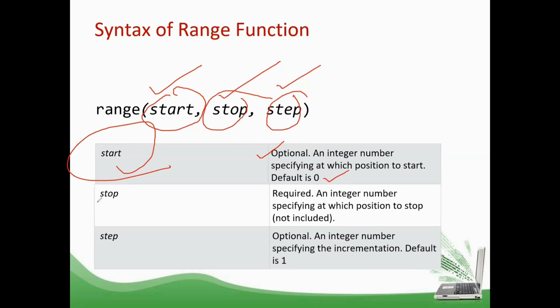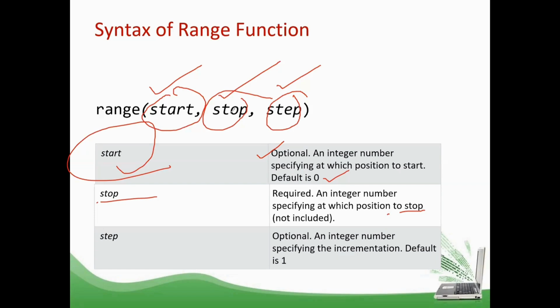Next we have the stop value. What is a stop value? It is an integer number that specifies at which position to stop, not included. Whatever you mention as the stop value is not included in the range. Suppose you mention 1, 5. 1 is the starting value and 5 is the stop value.